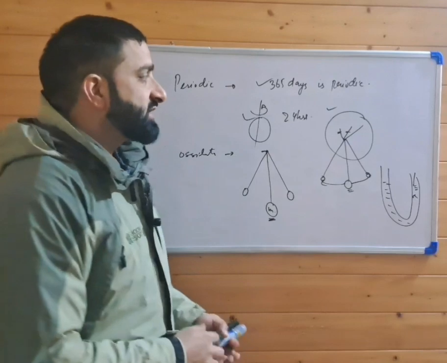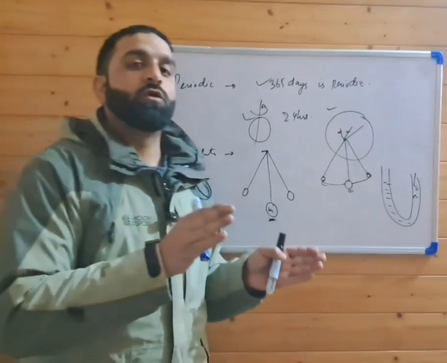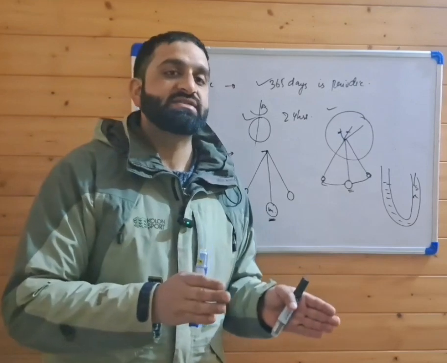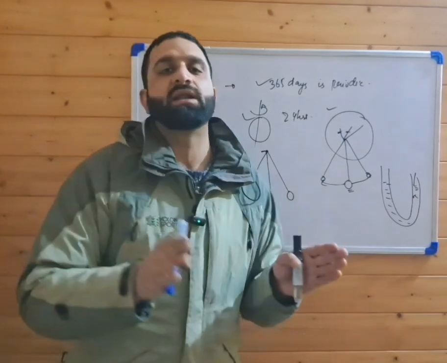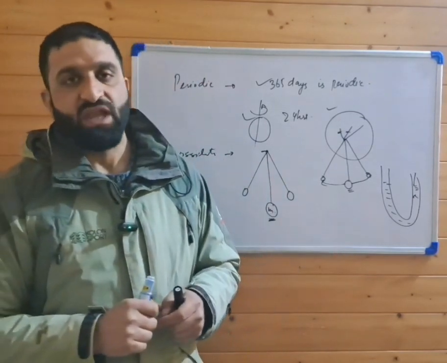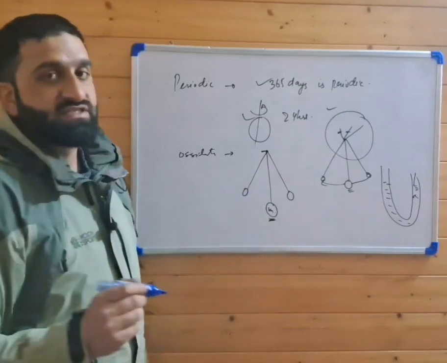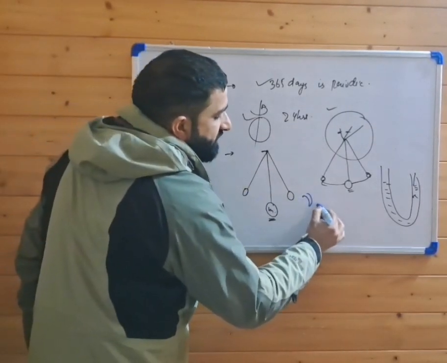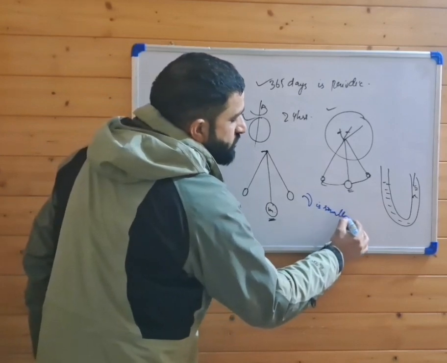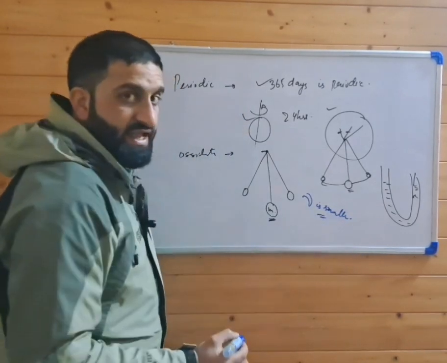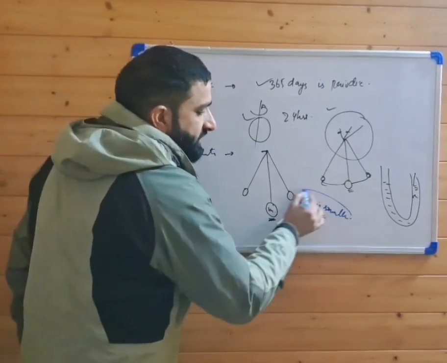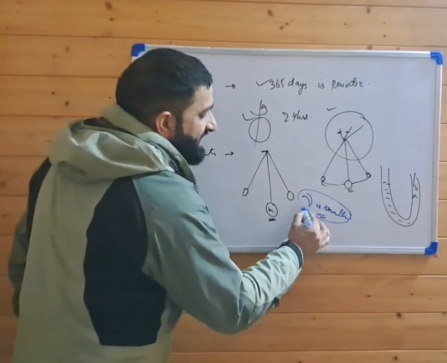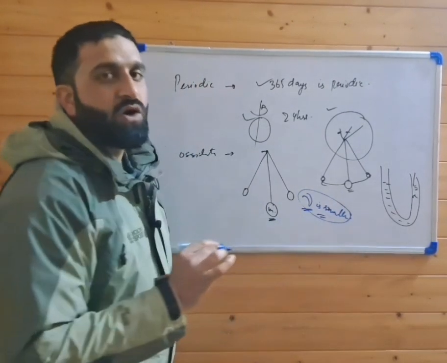Now, the question is, if to and fro motion is vibratory as well as oscillatory, why is one called as oscillatory motion, another is called as vibratory motion? When we talk of the frequencies or number of cycles per second, when the frequency is smaller, that periodic motion or that to and fro motion is called as oscillatory.